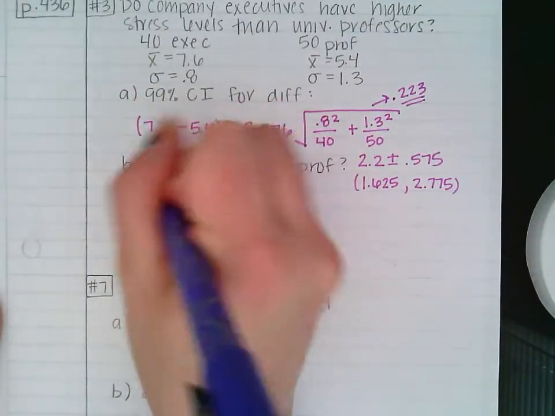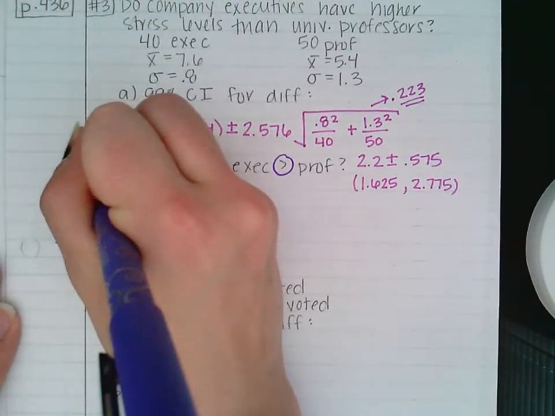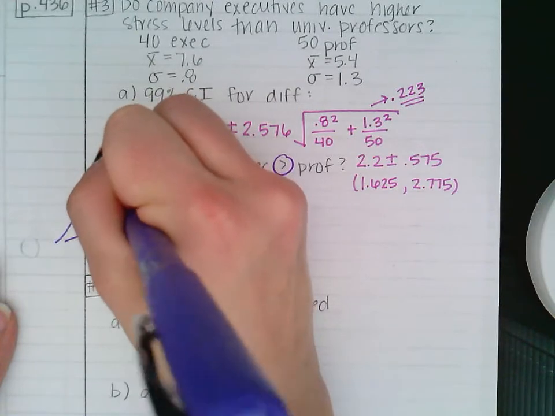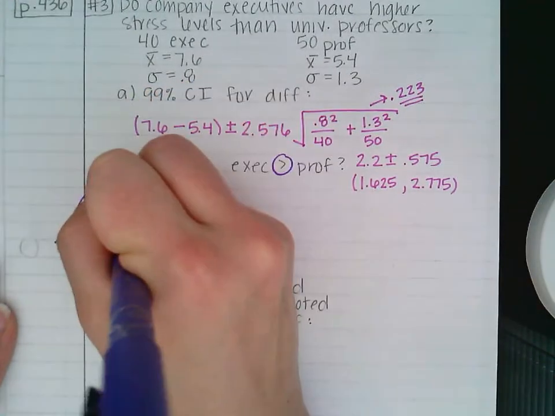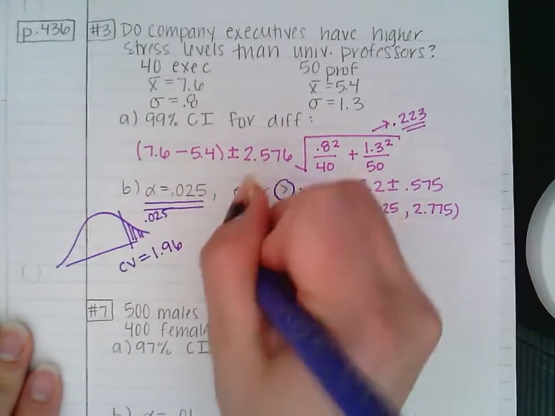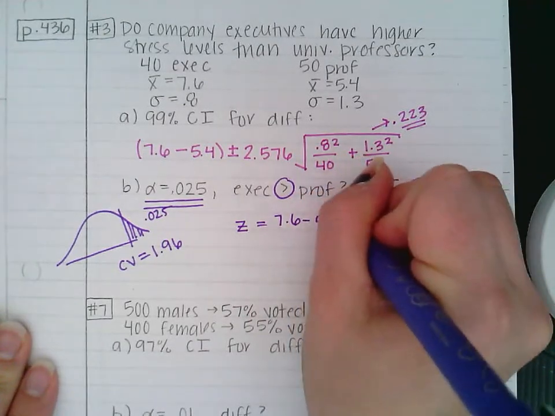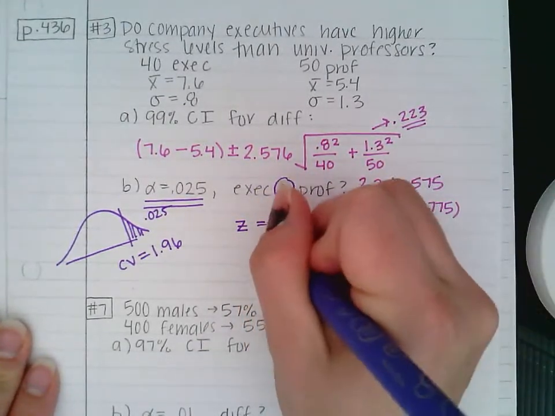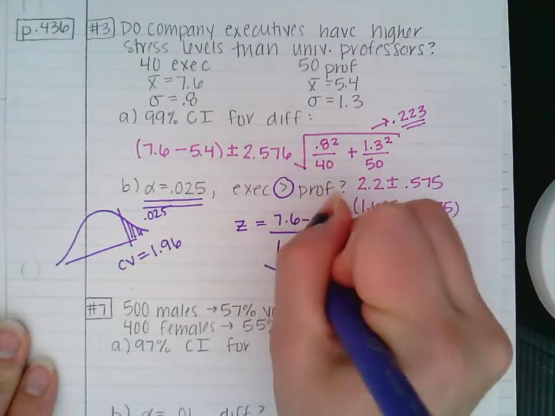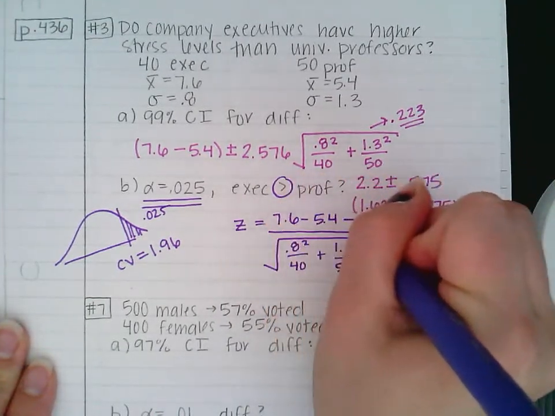So the critical value for this greater than test is 1.96, and then our z is going to be 7.6 minus 5.4 minus 0, all over my standard deviation here.